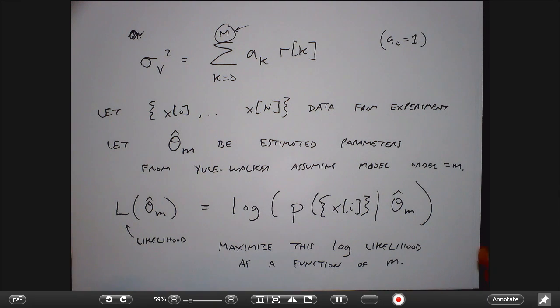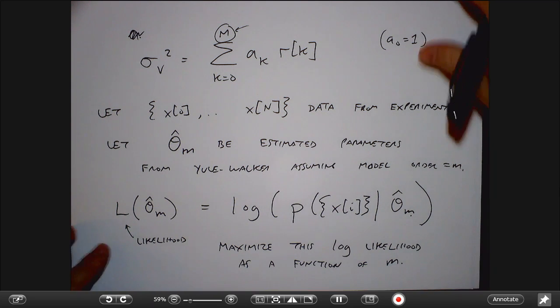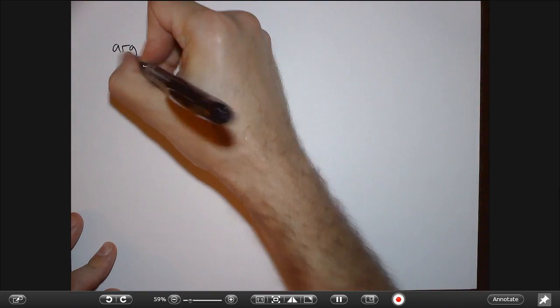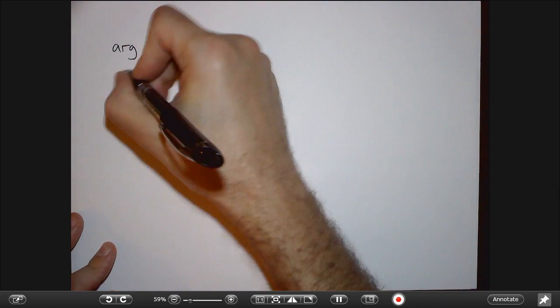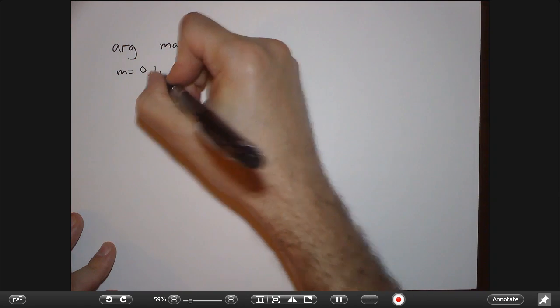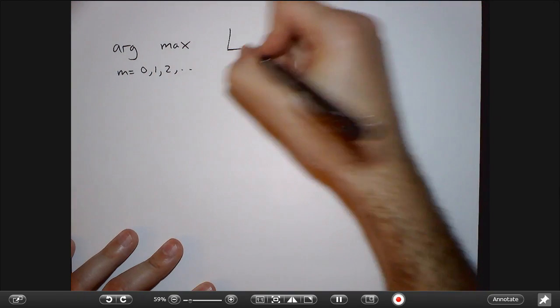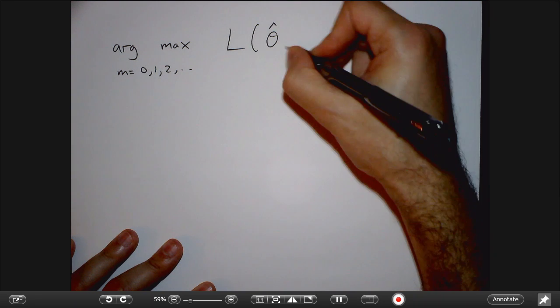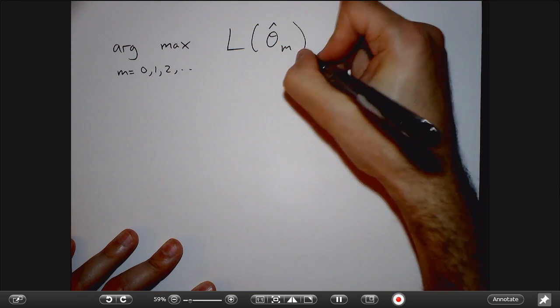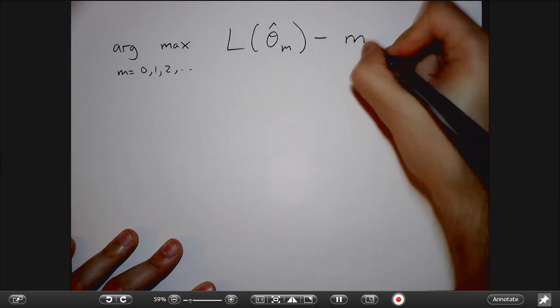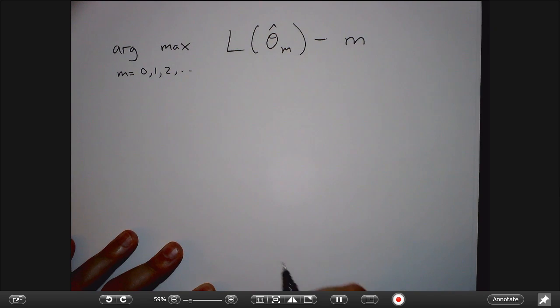What I was just saying, though, is that it stands to reason that the more parameters I give you, the better I can make the data fit the model. And so in practice, what I do is something more like this. I look for the maximum value over some range of possible model orders, the fit with the data assuming a model of order M, and then maybe I penalize it by this.